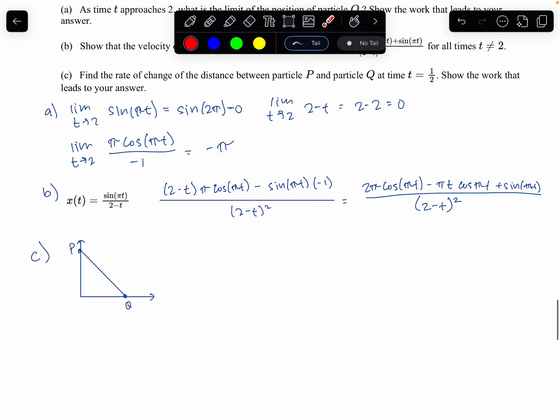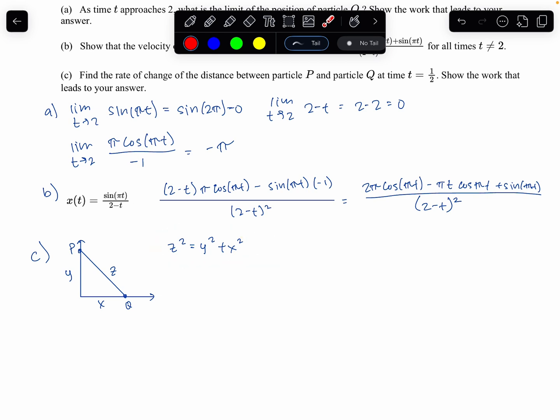Okay, and so we'll call this y, call this x, we'll call this z. So z squared is going to be equal to y squared plus x squared. And if you haven't noticed, what I like to do first is take the derivative of the function that I need, and then I kind of just try and see what I need after.